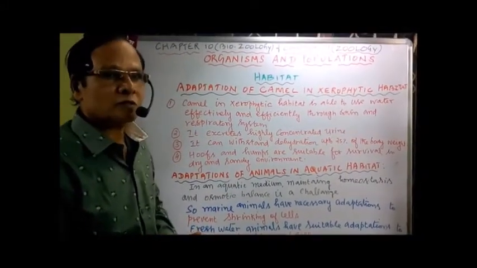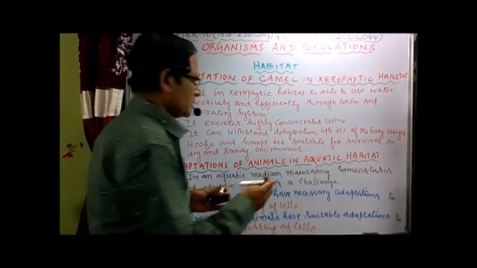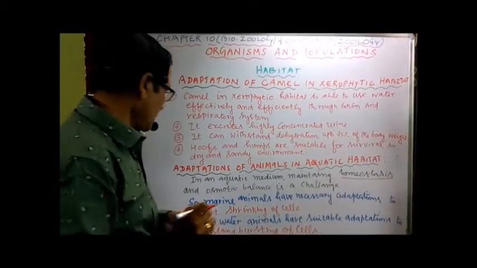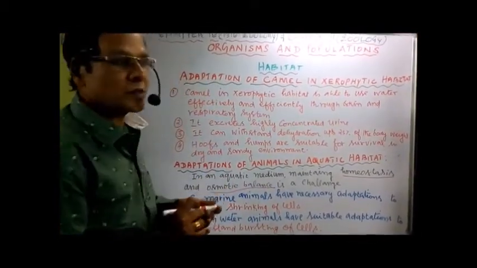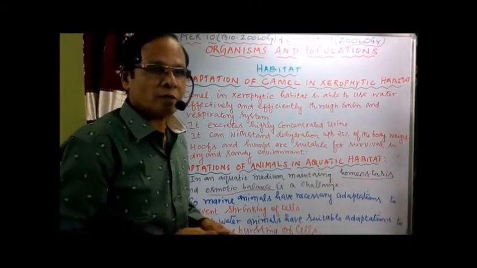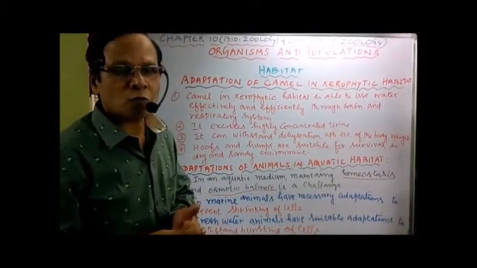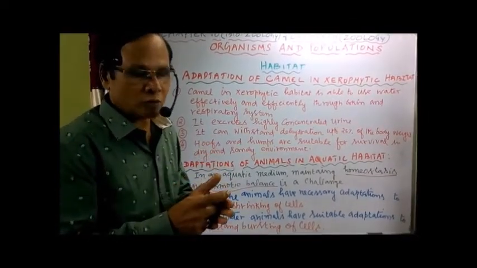They have to face, number one, homeostasis, a problem of maintaining equilibrium. Number two, they have to face osmotic balance because of the differential concentration of water. For example, in marine water, the outside water is more concentrated than the body fluids, so there is a loss of water.